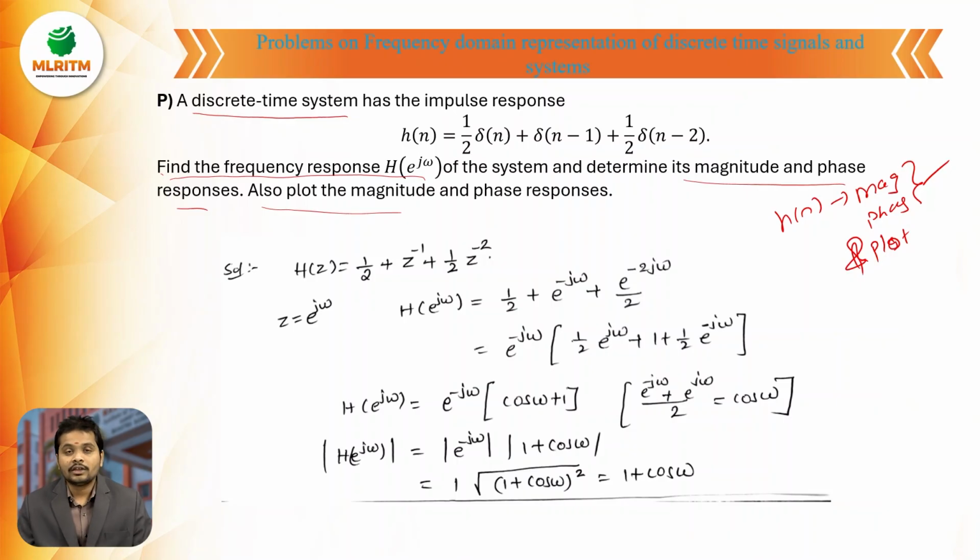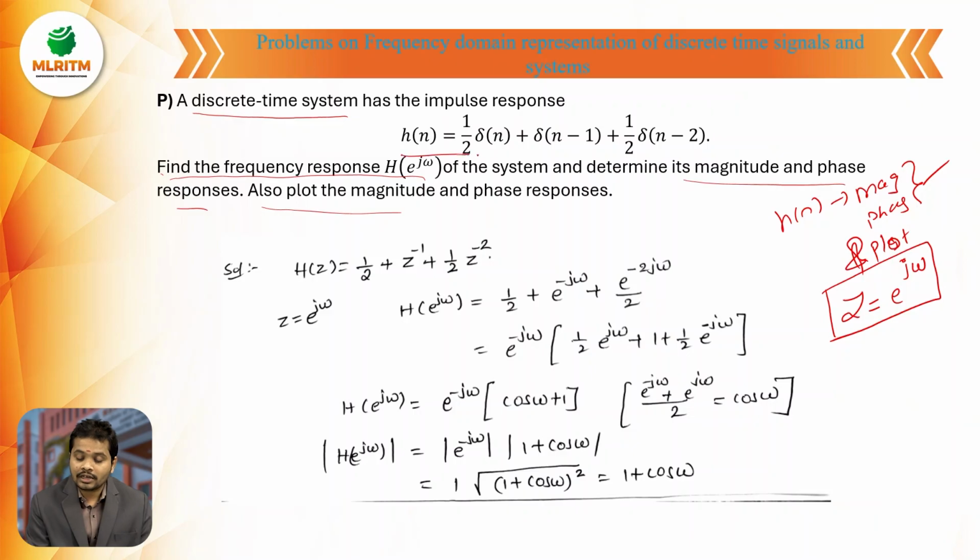In the last class we discussed how to find the frequency response. The frequency response of the system is obtained by keeping z equals e power j omega. But here, h of n is given in the time domain, so you have to apply the z transform on both sides to get it in the form of z.